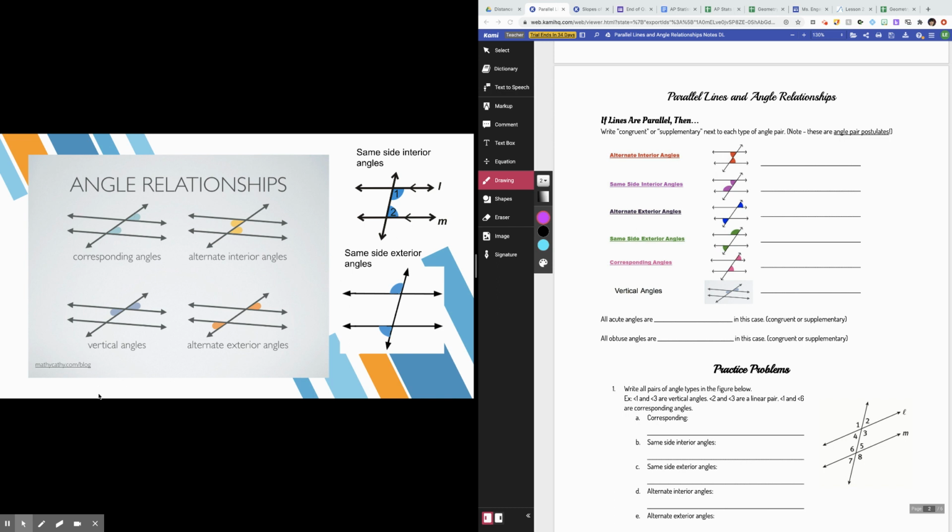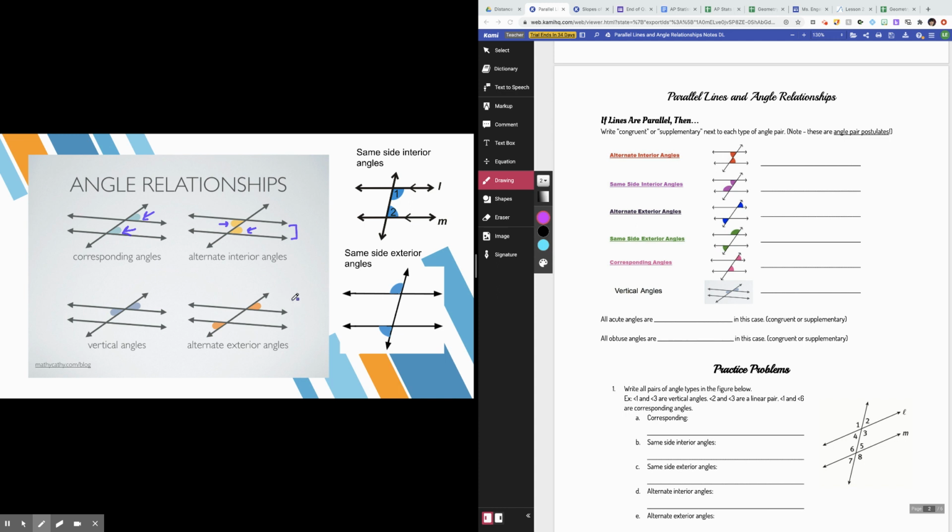See, corresponding angles are in the same location in their group of four, like top right. Alternate interior angles, see how they're both trapped inside the parallel lines, but one is on the left and one is on the right.